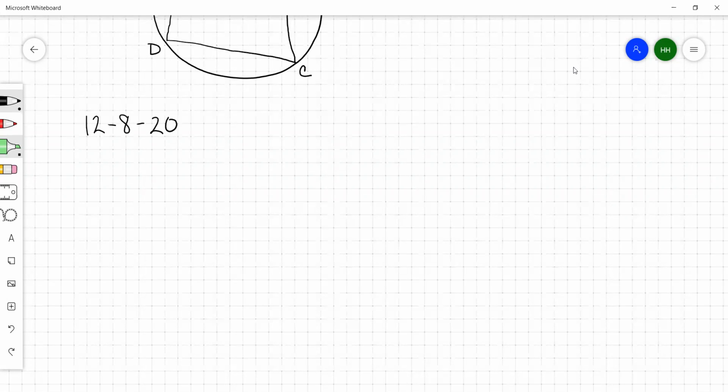All right, today we are going to talk about exponential growth and decay. Exponential growth and decay.